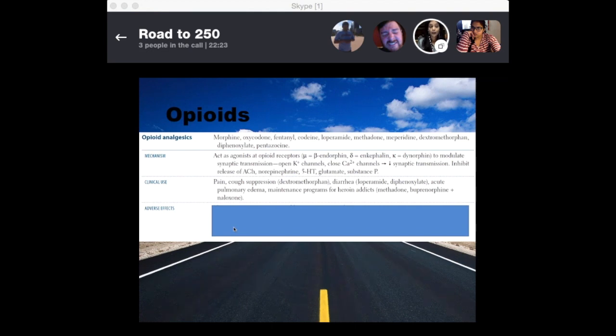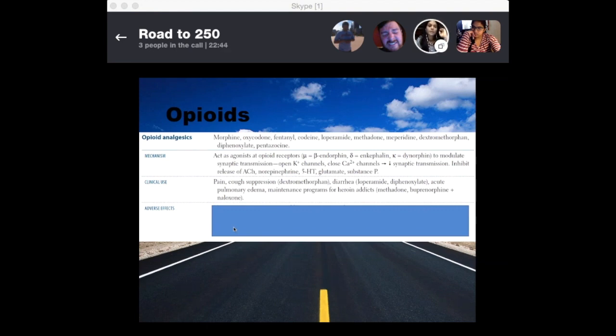We use loperamide a lot for those, and diphenoxylate. We can use them for acute pulmonary edema, and then maintenance programs for heroin addicts. So those drugs are going to be our methadone, buprenorphine, and naloxone.